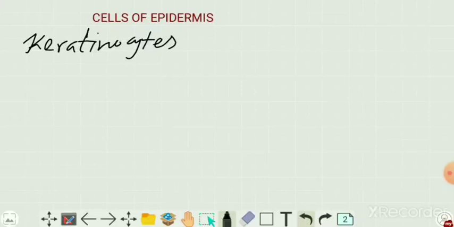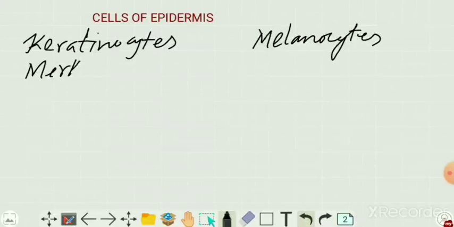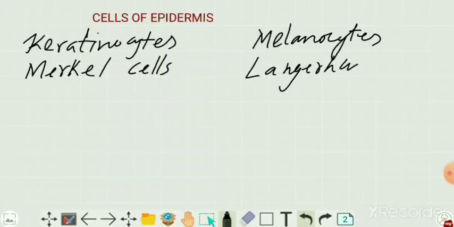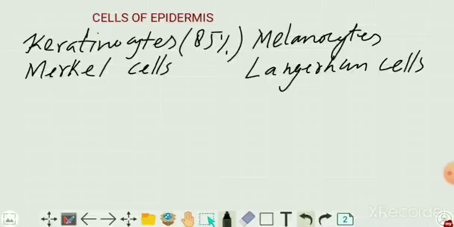Then melanocytes, then Merkel cells, then Langerhans cells. The most abundant cells in the epidermis are keratinocytes, which are about 85%. And the rest 15% are melanocytes, Merkel cells and Langerhans cells.